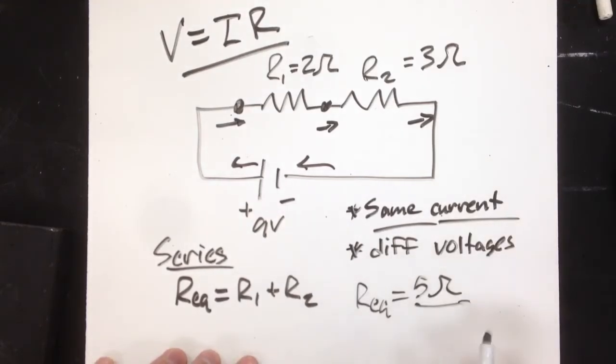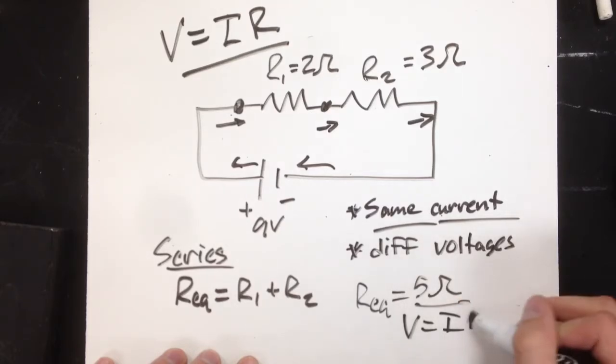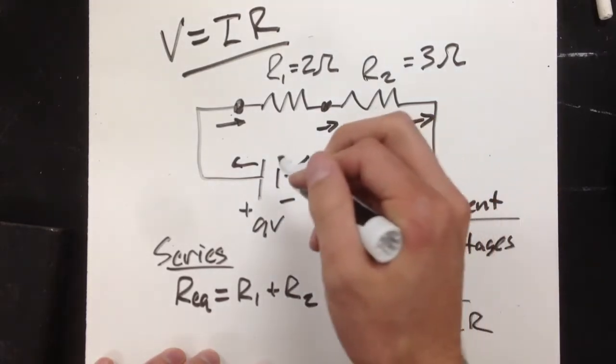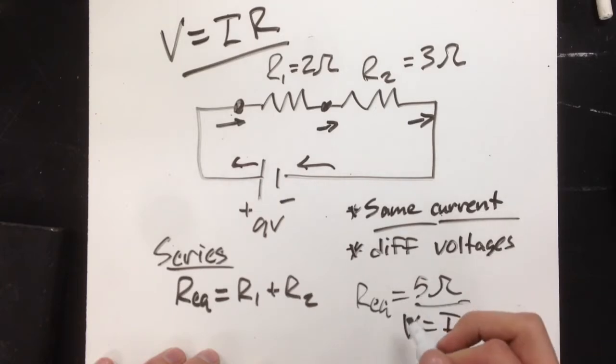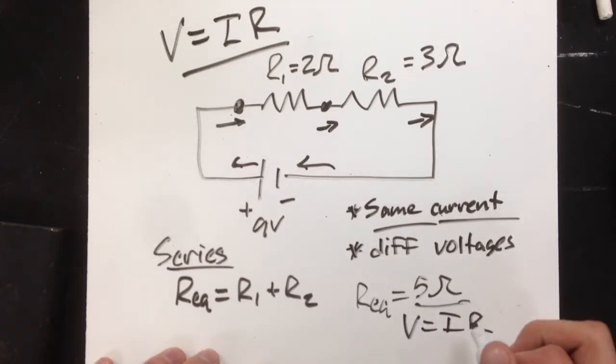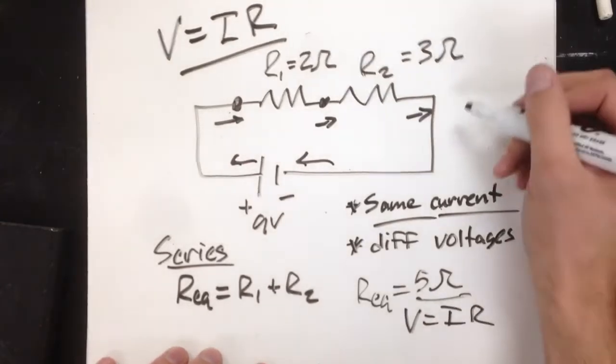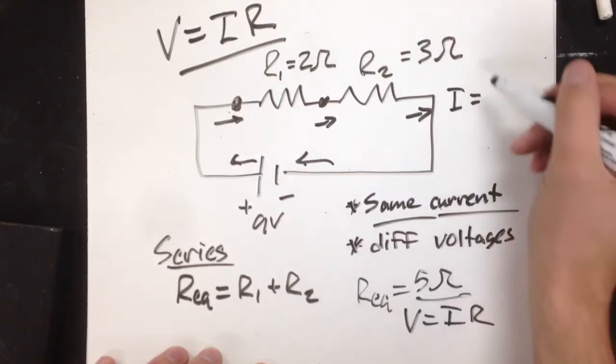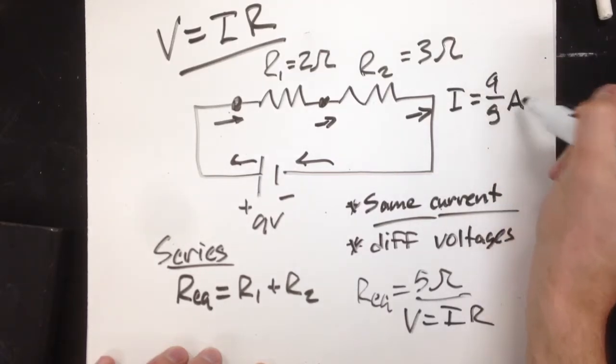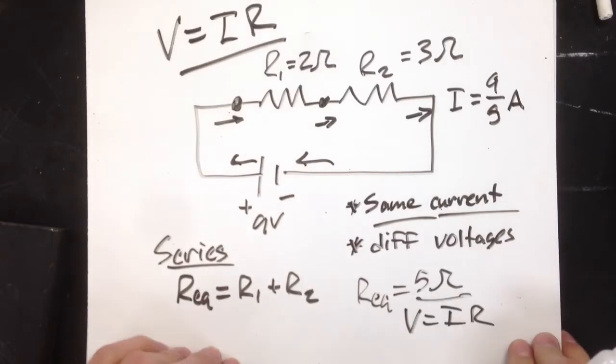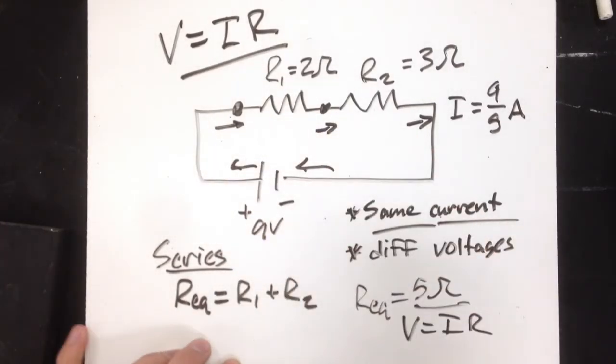So if I know the total resistance, I can use V equals IR, and I can figure out the current being drawn right out of that battery. My voltage in this case is 9, my resistance is 5, so that means my current is 9 over 5 amps. That's how the current is flowing out of that battery.